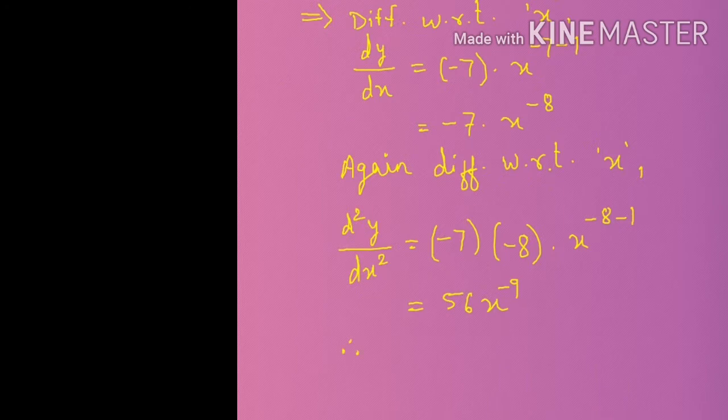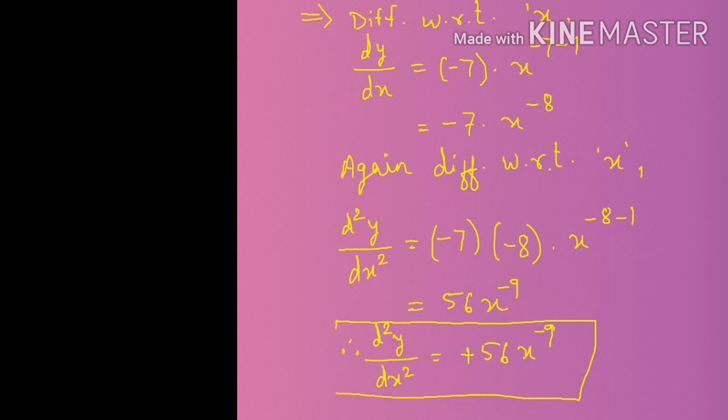Therefore we get d square y upon dx square is equal to plus 56 into x raised to minus 9. This is your final answer. Correct? Very simple. Let us move to the next question.